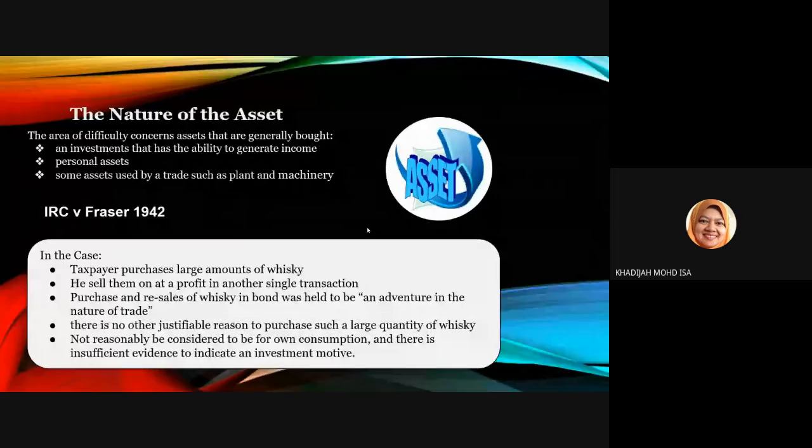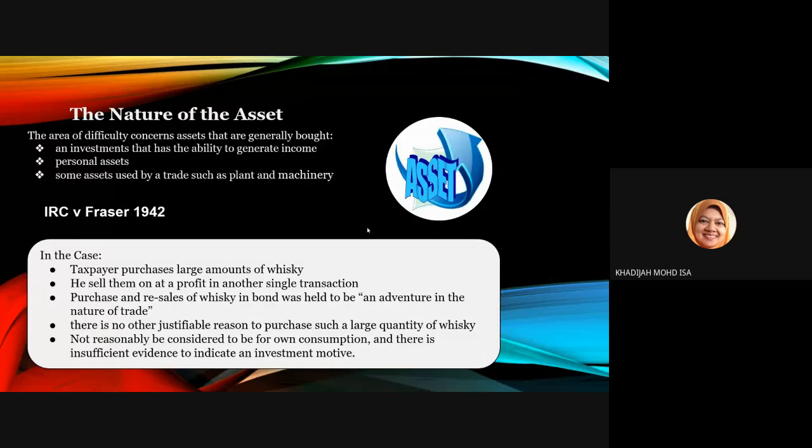Because I'm trying to understand myself. I know that it's the same case, but you're looking at a different perspective. Number one, you look at the nature of the asset, where normally, in this case, you don't buy whiskey in large amounts. So it gives you the introduction that the taxpayer purchased whiskey, but then resold at a profit.